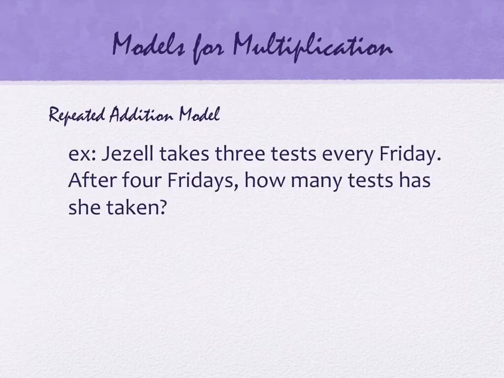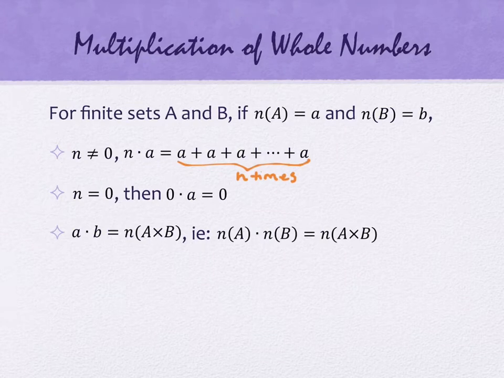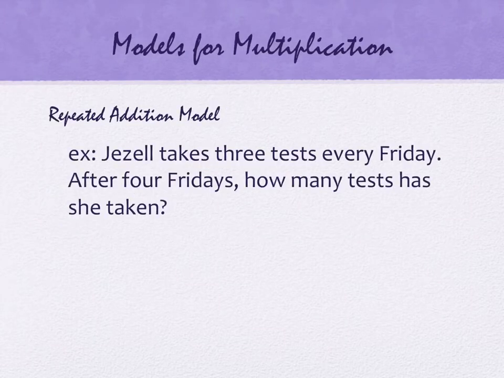All right, to start with, repeated addition. Repeated addition is very much the way that multiplication was defined: n times A is A added together n times. Giselle takes 3 tests every Friday. After 4 Fridays, how many tests has she taken?